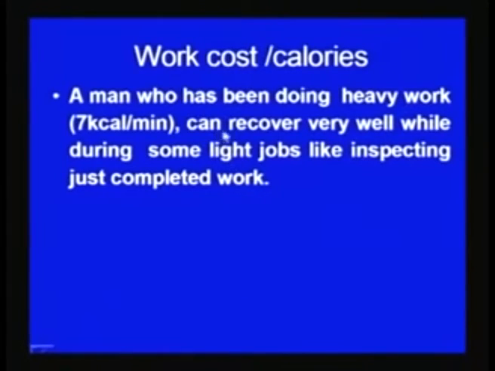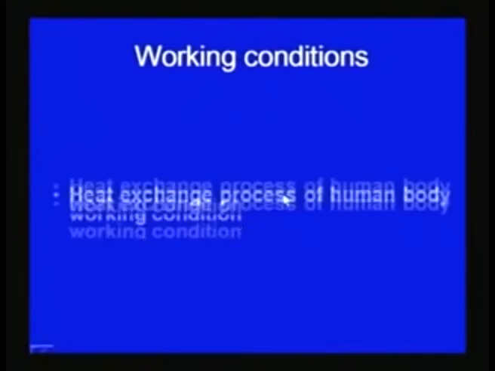So, to organize the activities effectively, the heavy work is done for a certain period, and thereafter during the rest period or recovery period some other light jobs are done, so that the worker is able to recover. At the same time other activities which are expected from him are also completed in the same period.